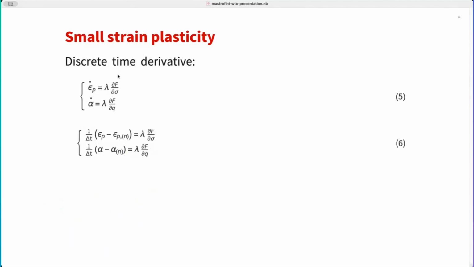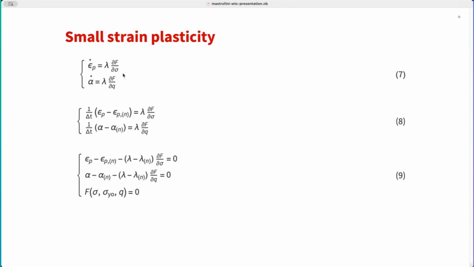In particular, this increment can be seen as a discretized variable with respect to the time. So 1 over the increment, and that multiplies the differences between the values of the variable and the values at the previous step.